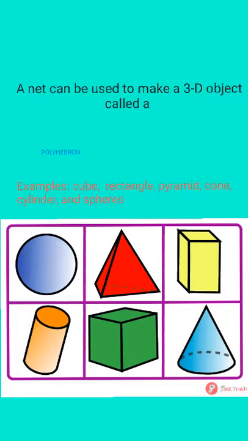Before we move on, I would like to point out that the official name for objects made from these nets are called polyhedrons, and common examples that you would be familiar with are the cube, a rectangular box, pyramids, cones, cylinders, and spheres.